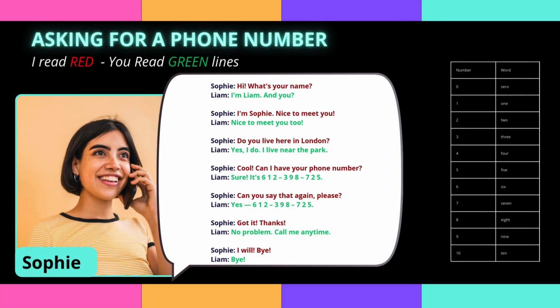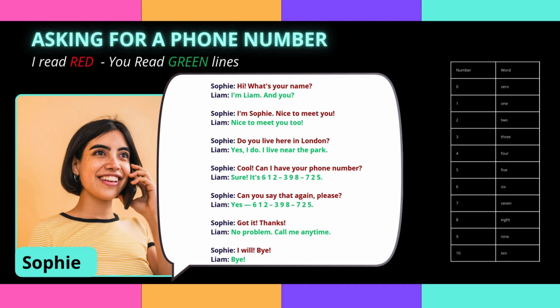Listen and repeat. Hi, what's your name? I'm Lime, and you? I'm Sophie, nice to meet you. Nice to meet you too. Do you live here in London? Yes, I do. I live near the park. Cool. Can I have your phone number? Sure.